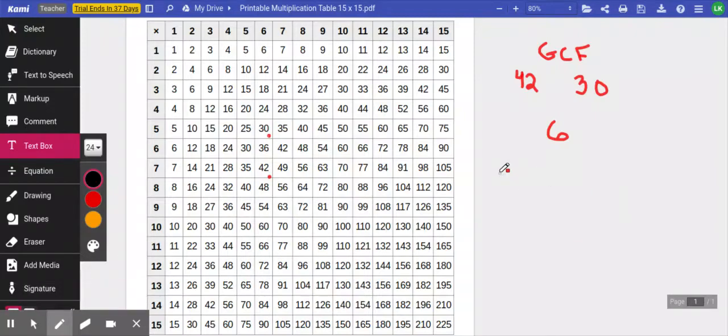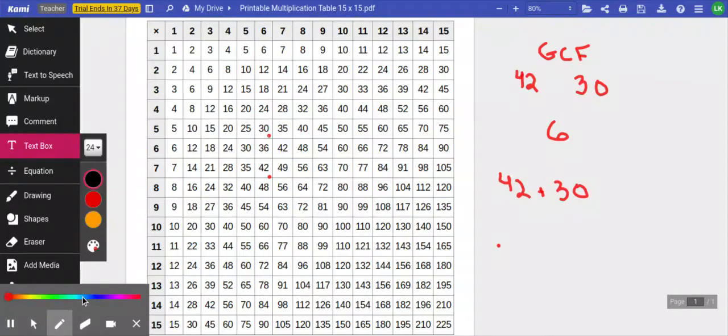So let's say I want to factor this problem here, 42 plus 30. The first step is you find your greatest common factor. So here's my greatest common factor, and that number is going to go right here.